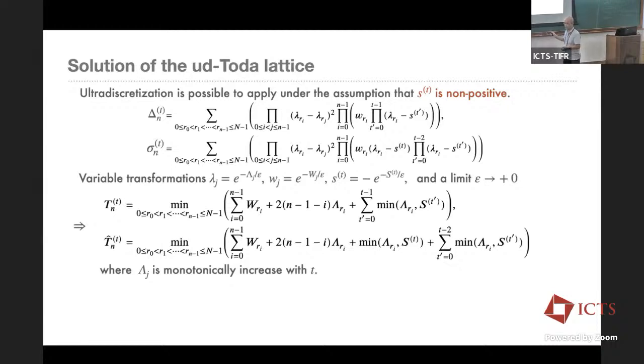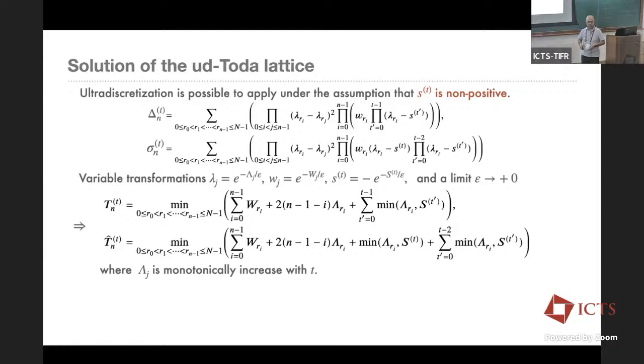This value can also be explained. But anyway, our first assumption is that these values should be positive. After introducing this variable transformation and taking the limit, we slightly rearrange the terms, but the final expression is this one.